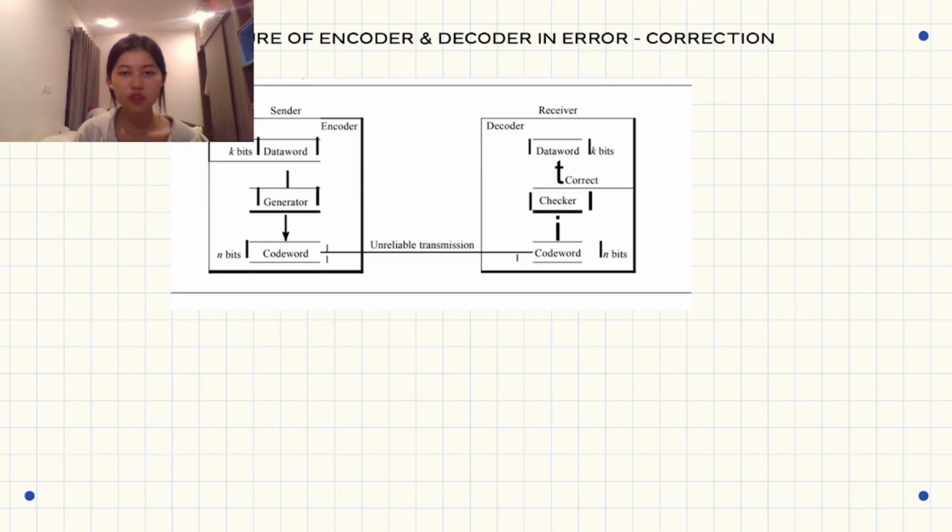So now you already understand the Hamming code. So what is the structure of Hamming code or error correction?